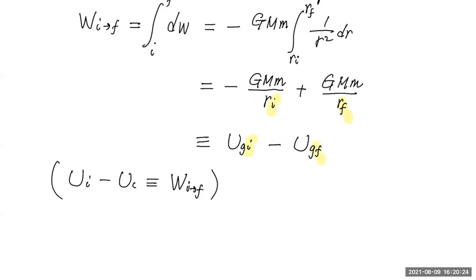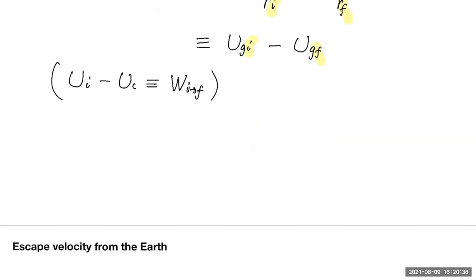And so you can let Ug initial equal negative GMm over r initial, and let Ug final be negative GMm over r final. So in general, you can then write Ug as a function of r, where r is the separation between the two masses in question, as negative G first mass times second mass over r to the first power, not the second power.